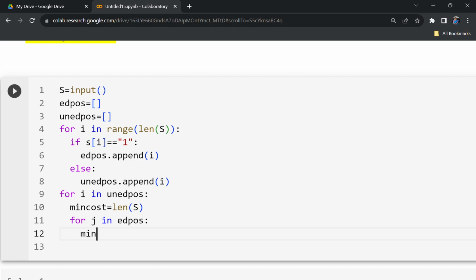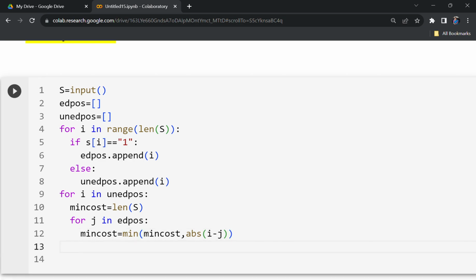Now I will be reconsidering this min cost by taking the minimum of min cost and the absolute value of I minus j. Why am I considering I minus j? I minus j is the distance between the uneducated person and the educated person.